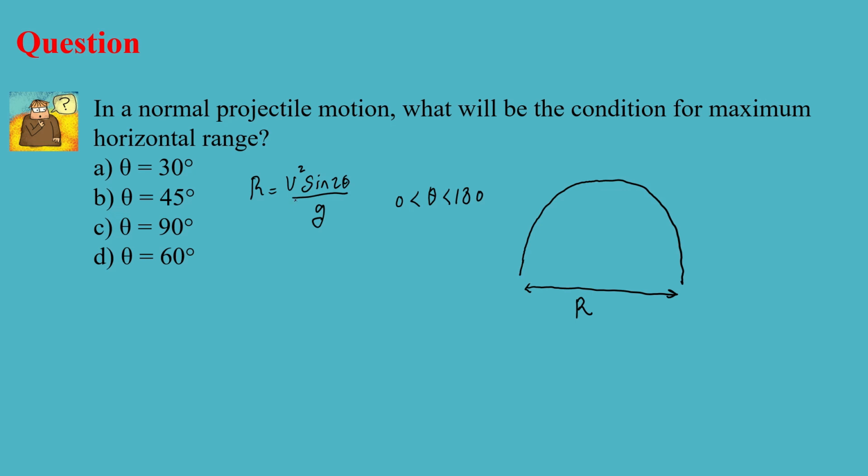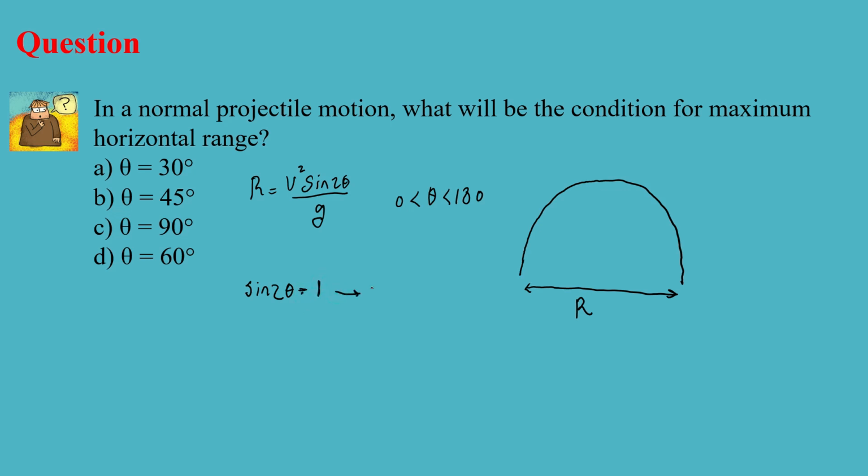For having R as a maximum, sine 2 theta should be 1, right? Because the maximum value sine can get is 1. So my sine 2 theta must be 1, right?